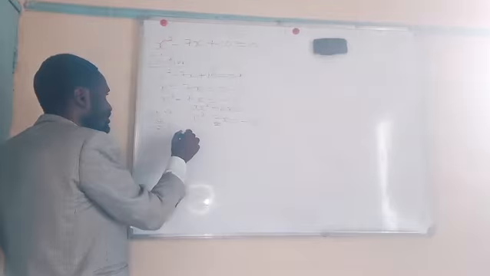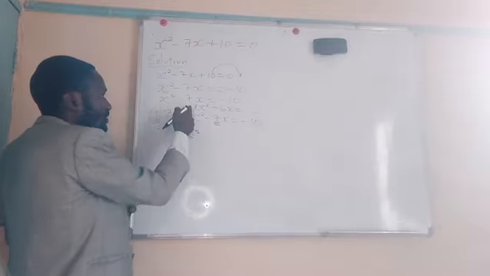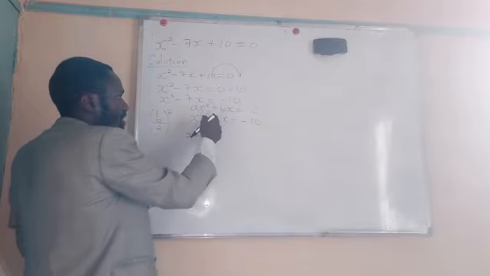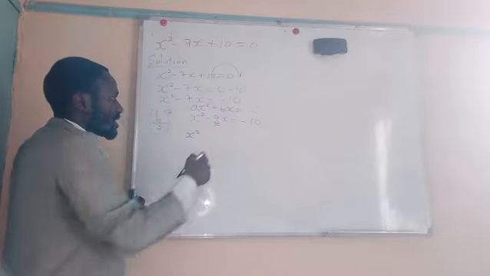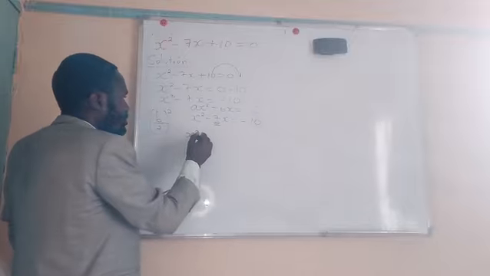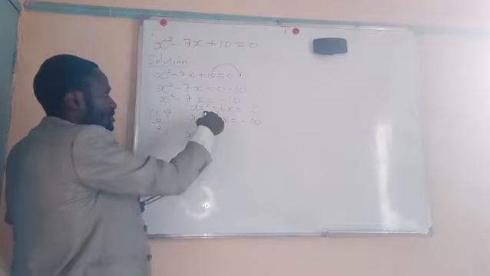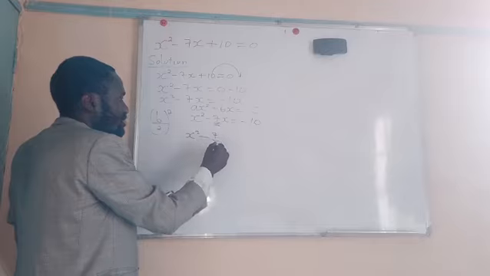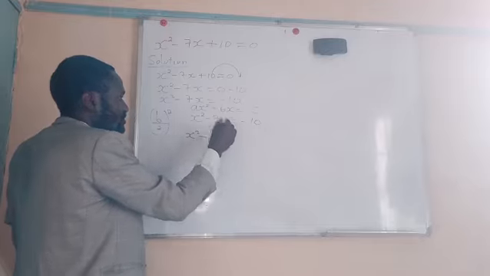So then we shall say x squared, the value of a is 1, the coefficient of x squared is 1. And the value of b is negative 7, the coefficient of x. And the constant is negative 10, on this other side of the equal sign. So x squared minus, I'm supposed to take that b, which is 7, divide that by 2, then square.